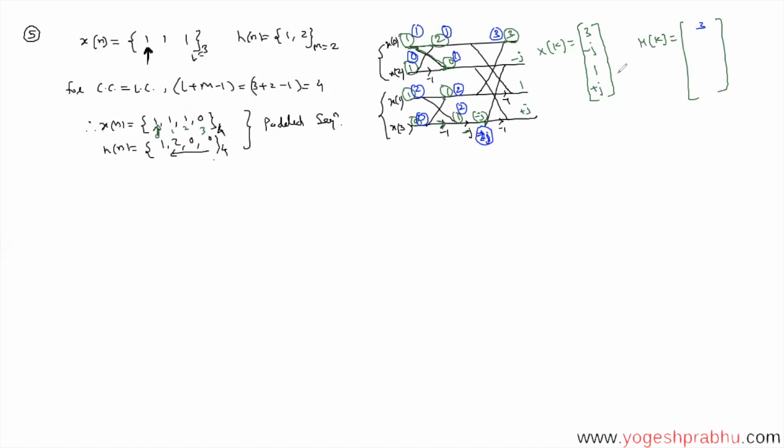Then the next value is, well, this is 1. That comes here, and 2j. This is 1 plus 2j. Then the next is 1 and negative 2, that's just negative 1.